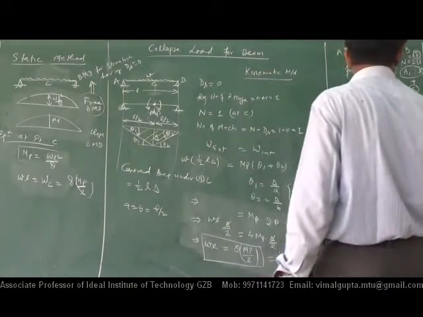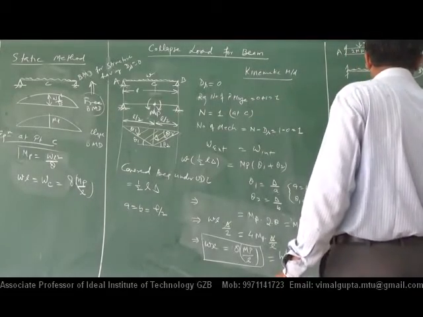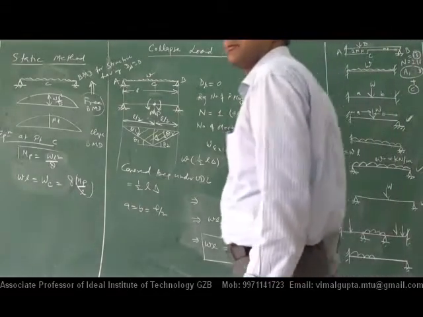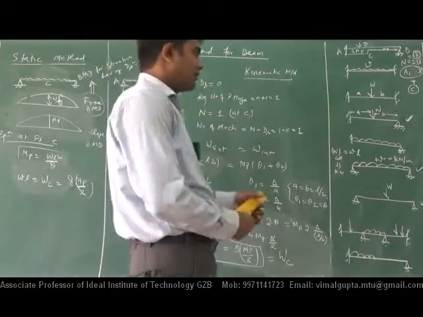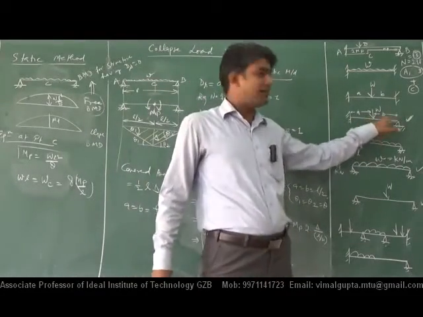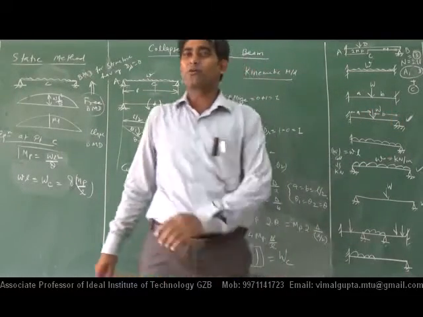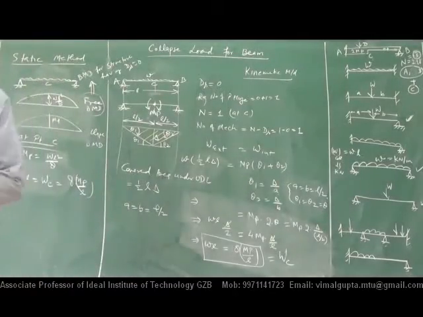Now this one has been completed, that one has been completed. I would like to calculate for the next one. It is a propped cantilever with concentrated load. This is the next, third case.